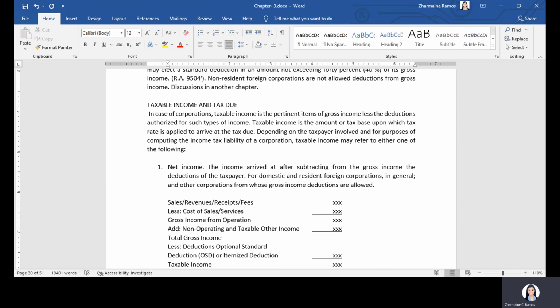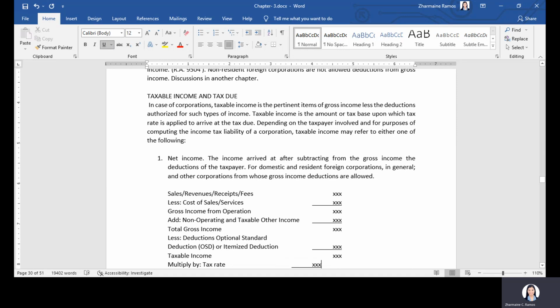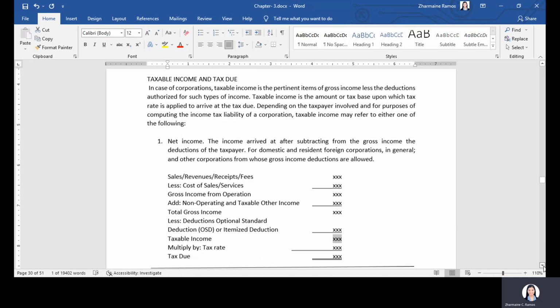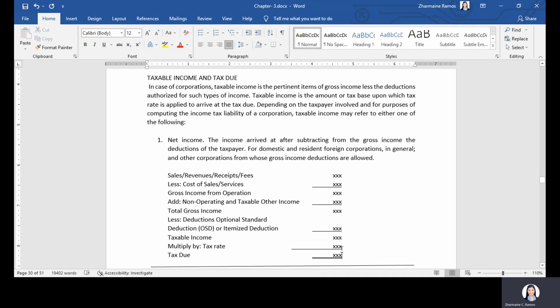Kung may mga other income ka pa, so tawag doon ay gross income less yung deductions, optional standard deduction, or itemized deduction. So, ito na yung taxable income. Ito na yung pinaka-income mo kung saan mo pwedeng i-multiply yung tax rate para makuha yung tax due mo. So, yan yung net income.